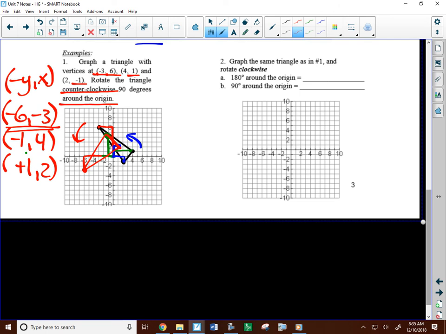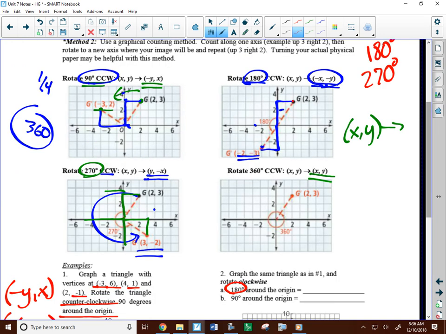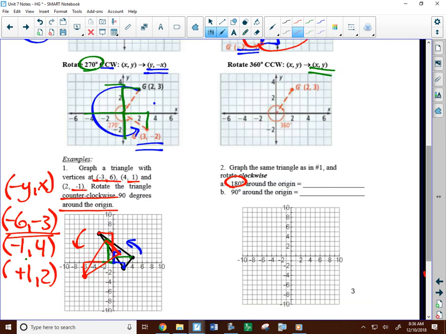We're using the same triangle, number 2. We're going to rotate clockwise this time. Now, 180 degrees clockwise. 180 degrees this way is the same as 180 degrees this way. All right, halfway around. So I can use the same rule. It doesn't matter.